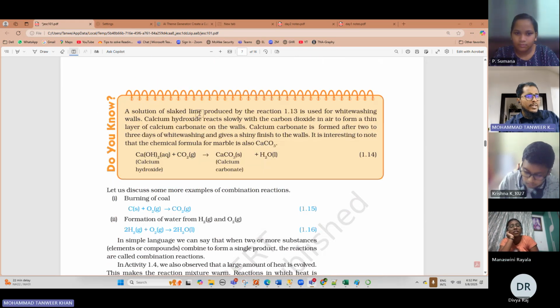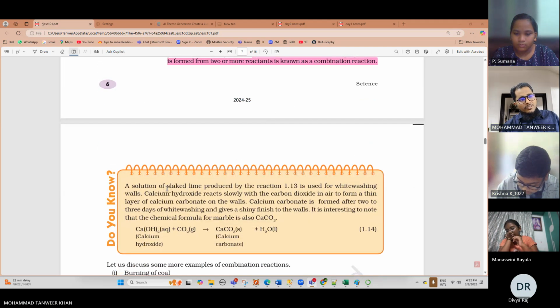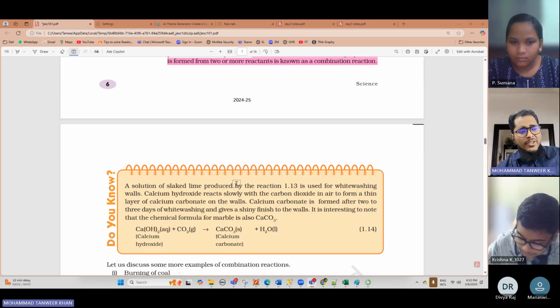A solution of slaked lime, calcium hydroxide, produced by reaction 1.13 is used for whitewashing walls. I'm not sure if you have seen whitewashing, because nowadays we are using paints, right? In earlier days we used to have that.